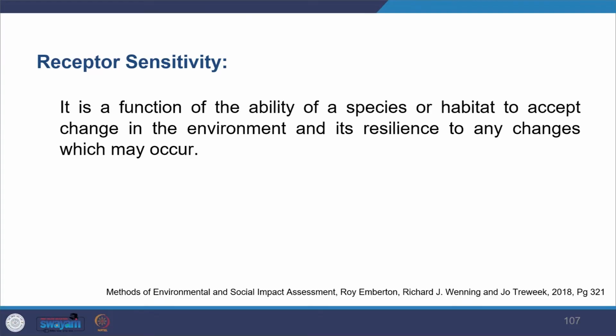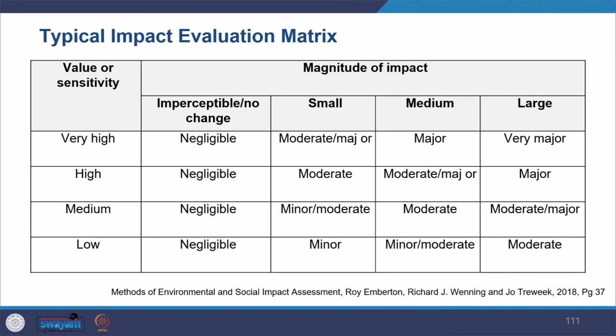Further, when you look at significance, you also take care of receptor sensitivity, that is, how the receptor is going to adapt to the changes. All this information can be presented in a matrix format where you can show the magnitude and sensitivity of the impact that is going to happen.